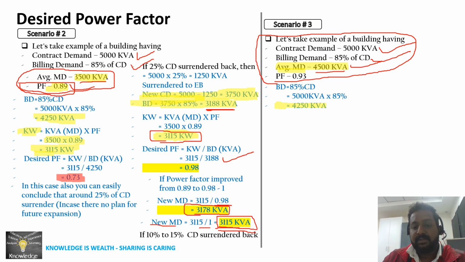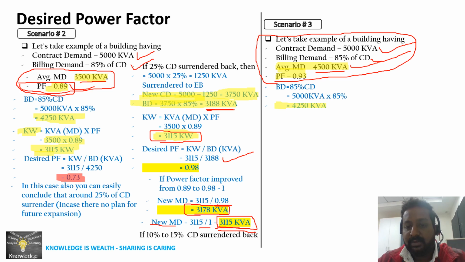Okay, our billing demand is 4250, but our maximum demand already crossed to 4500. But we have a power factor of 0.93. So this means we still have the feasibility to increase our power factor from 0.93 all the way to unity power factor to reduce our maximum demand to less than our billing demand, so that we do not pay additional demand charges because we crossed the billing demand.